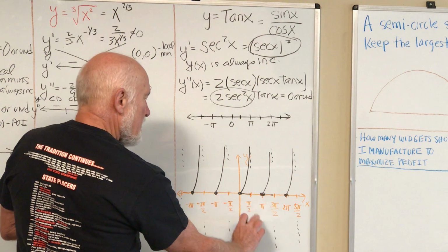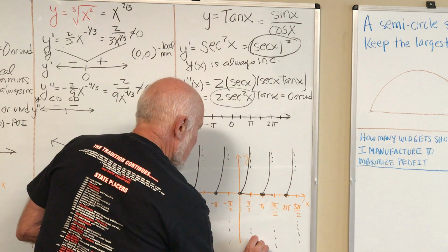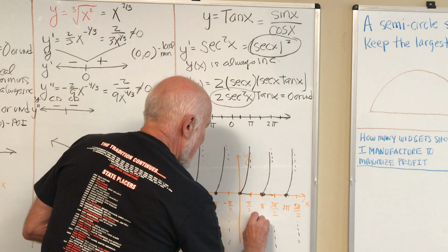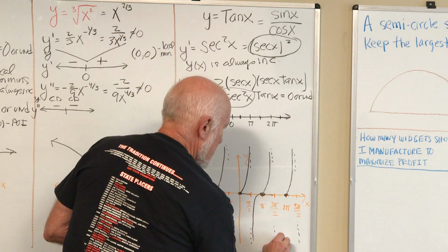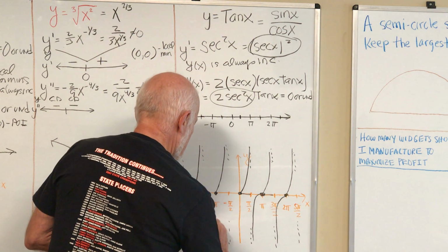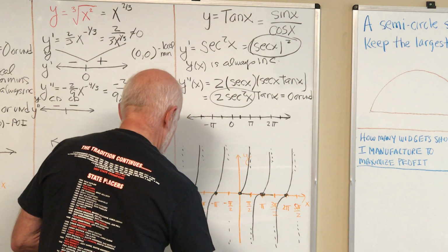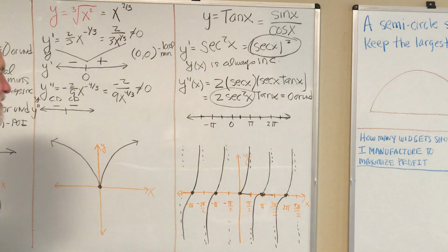So from pi over 2 to pi in the second quadrant, it's increasing and concave down. And the same thing is true here. And you've got a graph of the tangent of x.